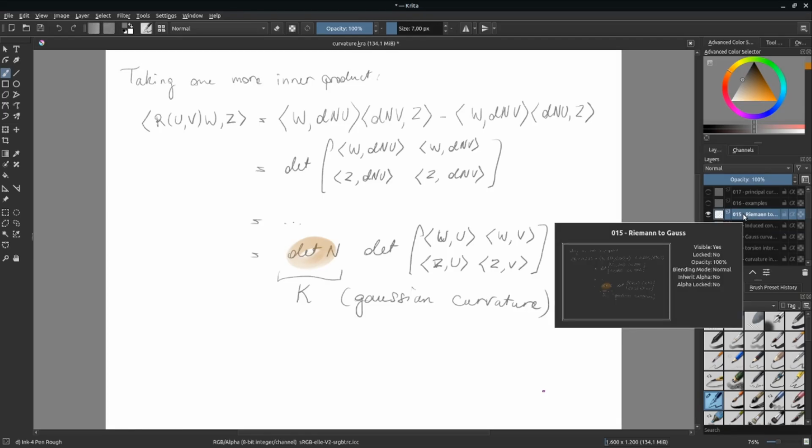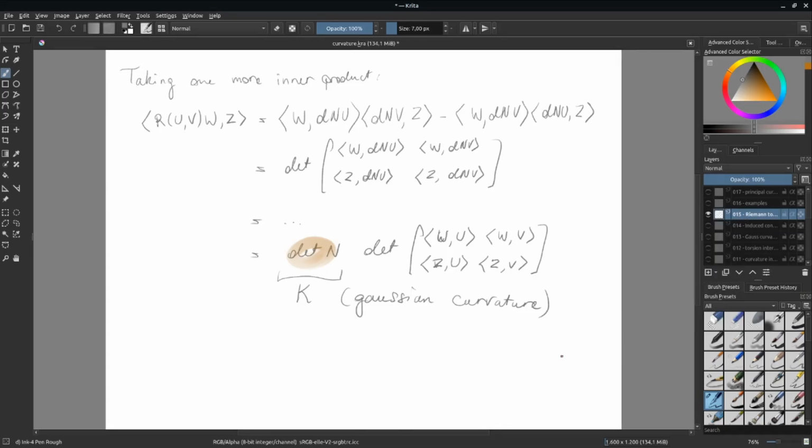If we take one more inner product, again, if this is not clear, either wait for it to be over or read the book. It's a bit clearer, but not too much. If we take the inner product of this with another vector field, we get this expression, and we had AD minus BC, so this sort of looks like a determinant.